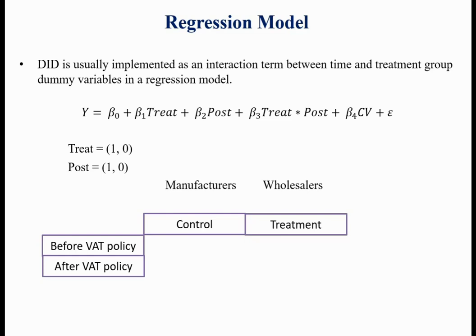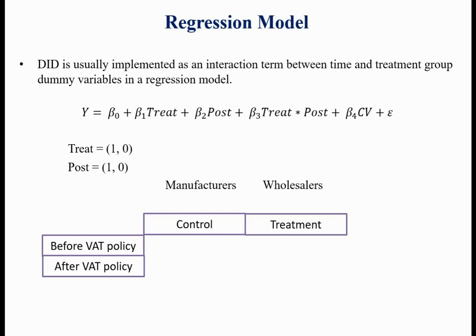So in this case, there has been a reduction in the VAT rate charged by one of these two groups, and we can use DID to analyze the effect of this tax policy on the firm's revenue. As I said, this intervention is exogenous.